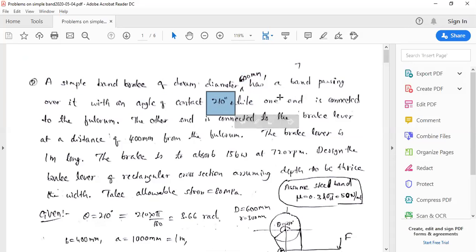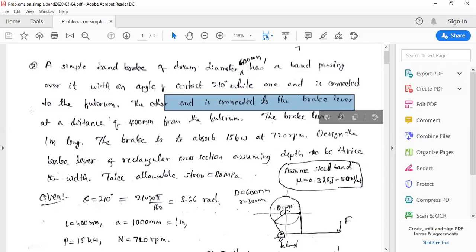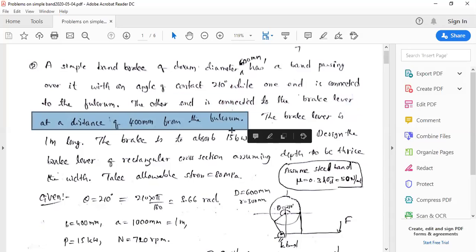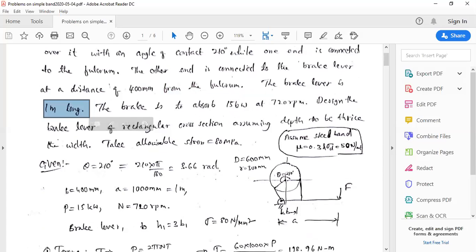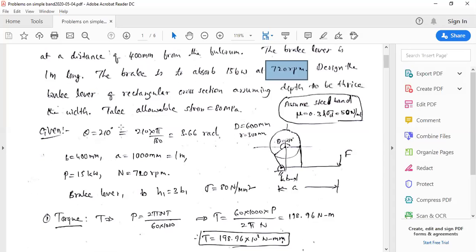One end of the band is connected to the fulcrum point, and the other end is connected to the brake lever at a distance of 400 mm from the fulcrum. The brake lever has a length of 1 meter, and the brake is to absorb 15 kilowatt of power at 720 rpm. So here we have to design the simple band brake.